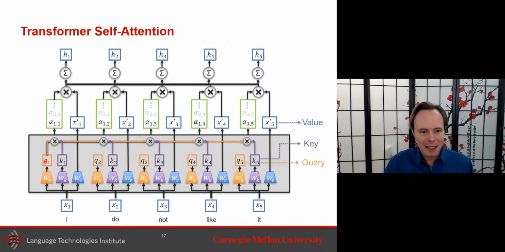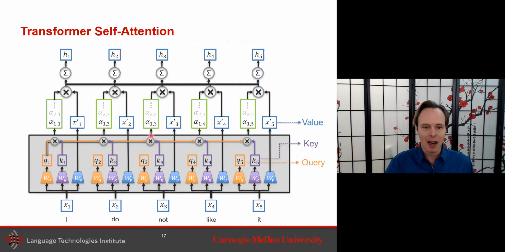What this is going to say is, I want to know how relevant "I" is to the word "not". And the way I do it is I project "not" and project "I" in such a way that they're in two spaces, but the two spaces have been learned in such a way that I can nicely use a similarity, and they use a multiplication in the transformer for simplicity.